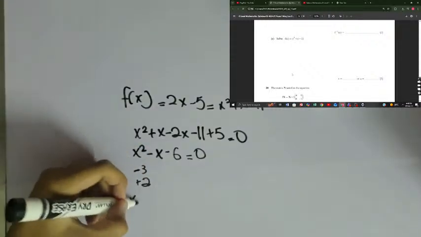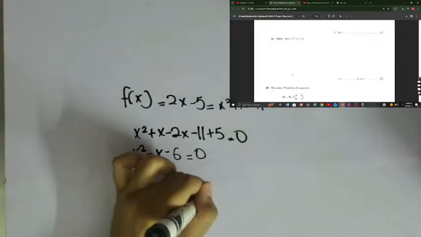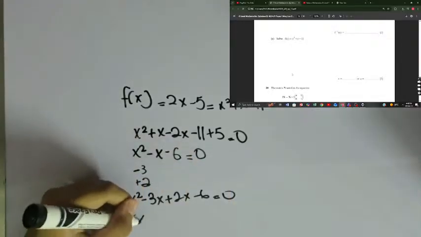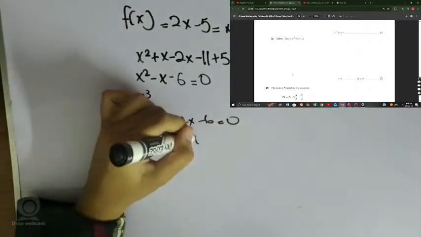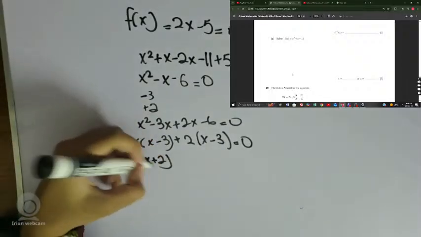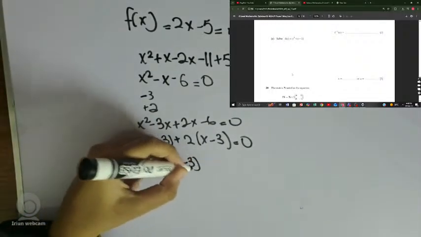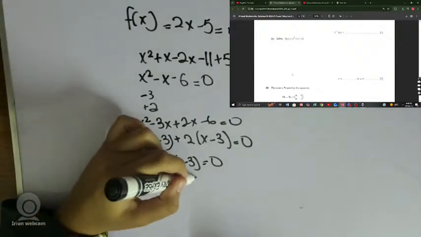So let's do it. X squared minus 3x plus 2x minus 6 is equal to 0. X into x minus 3 plus 2 into x minus 3 is equal to 0. So it becomes x plus 2 times x minus 3 is equal to 0. So x is equal to minus 2 or x is equal to 3.